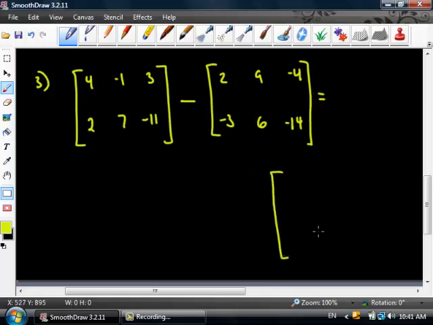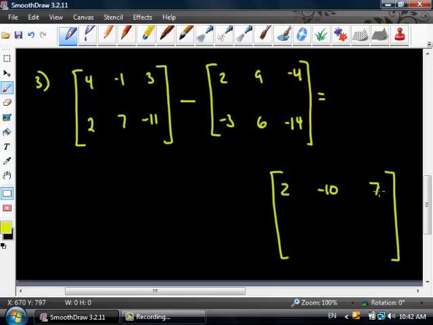All right. Be very careful here. This is 4 minus 2, well, duh, that's 2. -1 minus 9, well, duh, that's -10. 3 minus -4. 3 minus -4 is, Jacob?